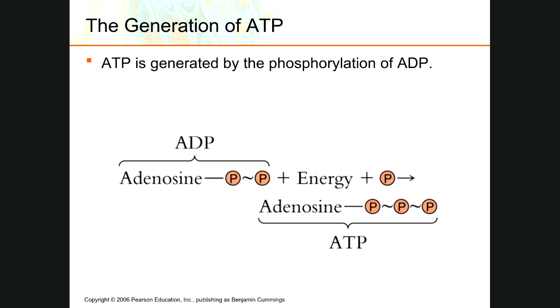And normally what happens in a cell is the hydrolysis of ATP is a very spontaneous reaction. And so they couple the hydrolysis of ATP with another reaction that's not normally spontaneous. So it's not normally going to happen unless you input a lot of energy. And so the hydrolysis of ATP helps to make that non-spontaneous reaction become spontaneous.